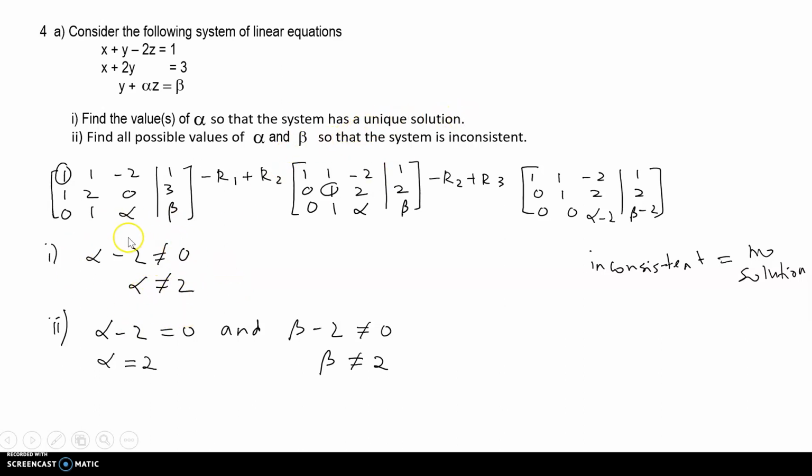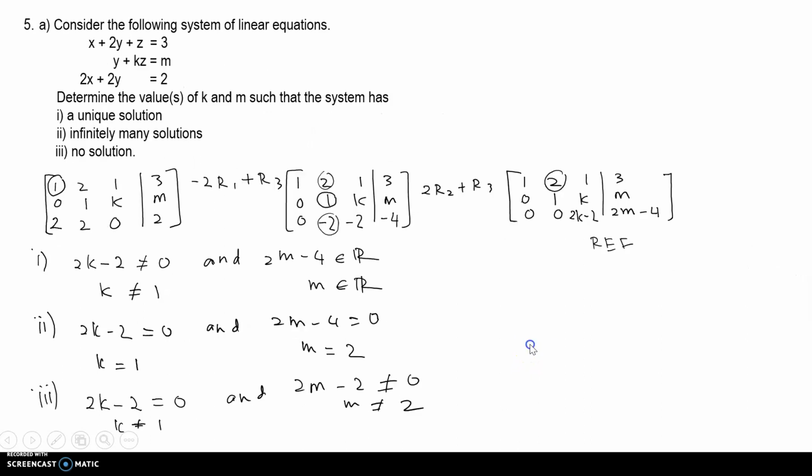You just want alpha, so we focus on the left part. It is not equal to 0, therefore alpha not equal to 2. And question 2, to find the possible values of alpha and beta so that the system is inconsistent. Inconsistent here means no solution. So for no solution, the left part equals 0 and the right part does not equal 0. Solve that, you will get the values of alpha and beta.